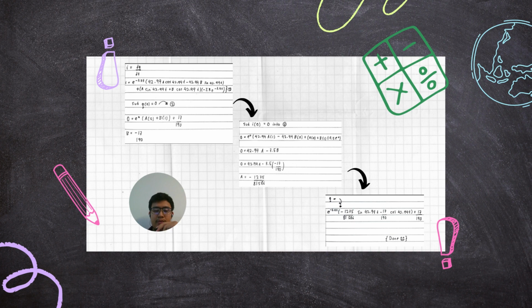We solve the equation and we have B equal to -17 over 190.